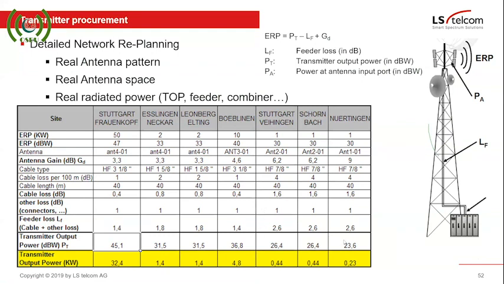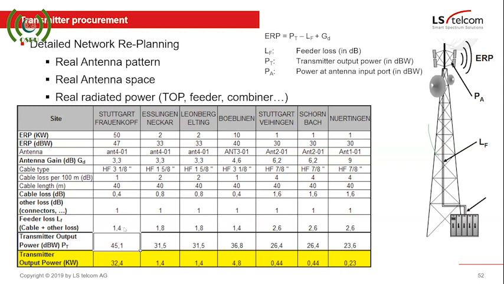Then what's also important, one needs to be very practical in this planning exercise. Maybe from the regulator perspective, you will not always go into this detail, but for an operator or a signal distributor, they will go into very much detail. They will look at the ERP in kilowatts or watts or dBW. You will look at the antenna pattern that's being used, antenna gain. You look at the feeder cable that's being used, the feeder cable losses, the cable length to get the total loss.